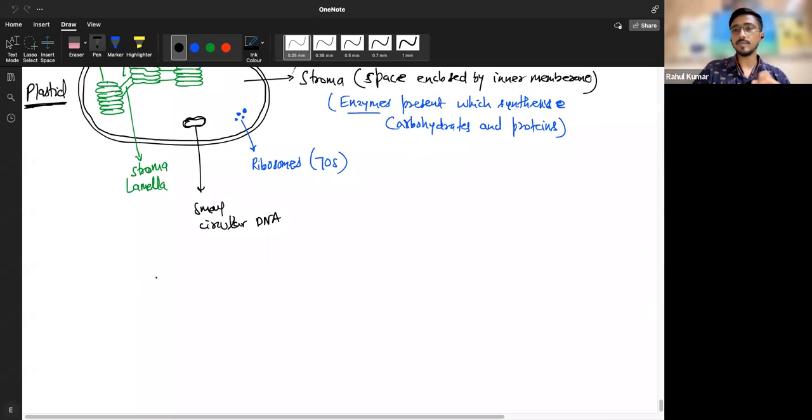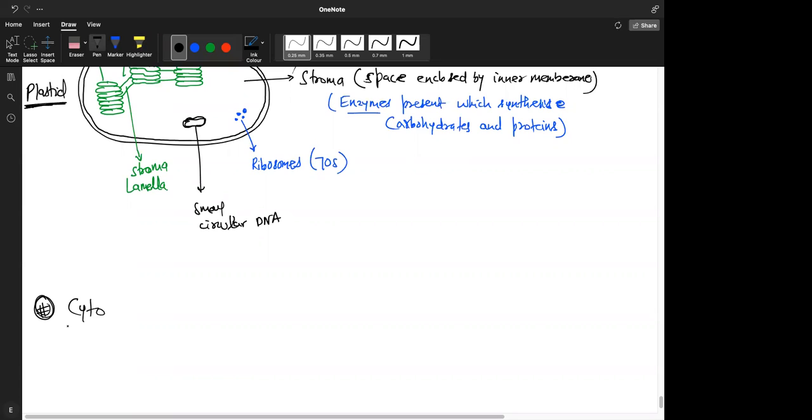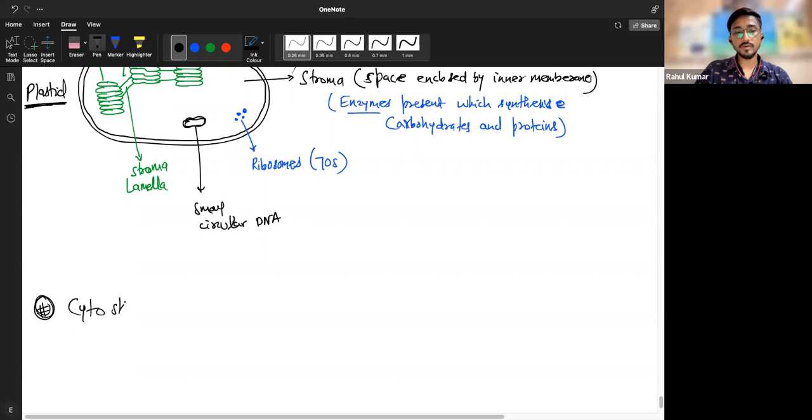So now, from the endomembrane system and the non-endomembrane system, let's come to something which is called the cytoskeletal system or cytoskeleton. Now, what does the word cyto mean? Cyto, cell. And what does the word skeleton mean? Skeleton means the rigid support that gives shape to any system, right?